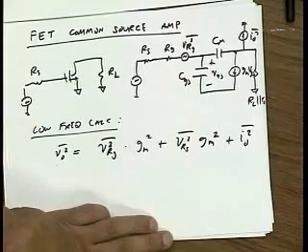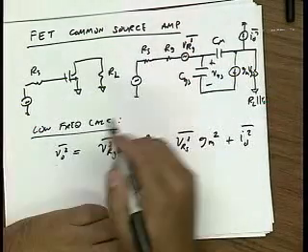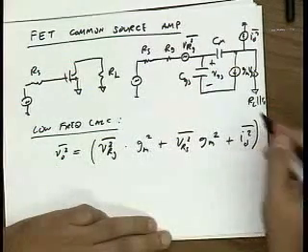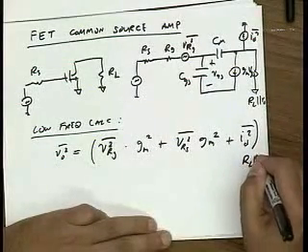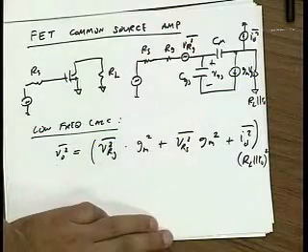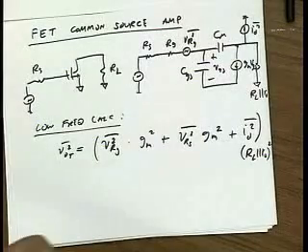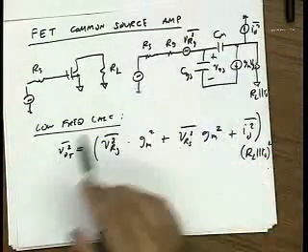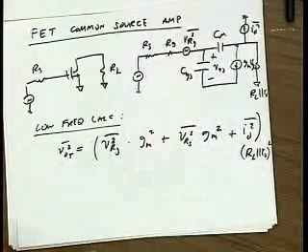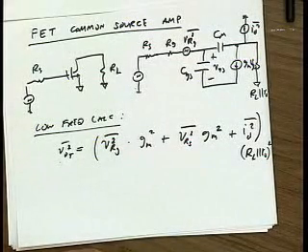If I assume that those are all the noise sources that I have, this gets multiplied by RL in parallel with RO squared. That's my total output noise, so let me call that VOT. And I assume that all these noise sources were independent, so I was able to just sum them up like this.